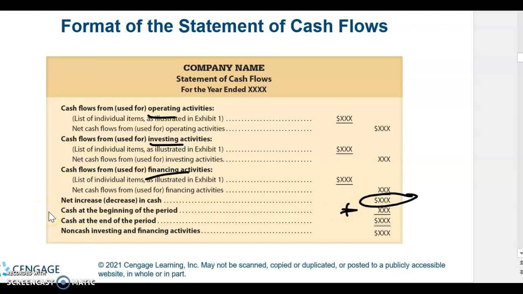And then what you will get is your check figure to make sure that this amount agrees with the end of year cash balance on the balance sheet. And then at the very end, you have your non-cash investing and financing activities. You would list those out down here if you have those. You may not always have those, but if you do, they will go down here.